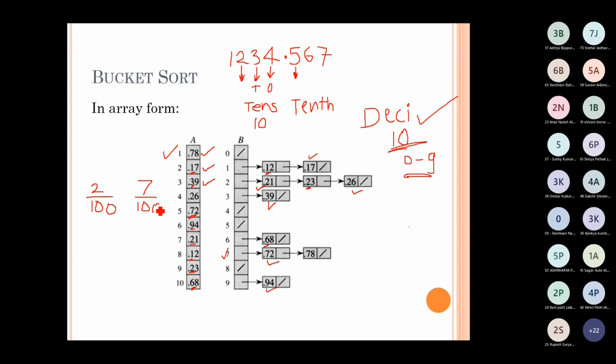Okay. Now to sort each bucket, we are no need to consider this place. Okay, you can directly go to the next place. This place value you can consider, and accordingly you can directly do the sorting.